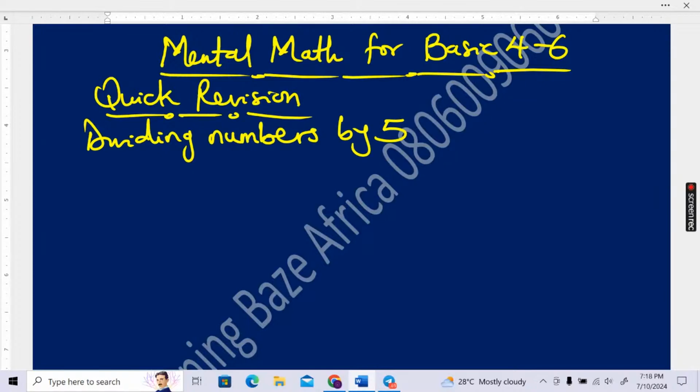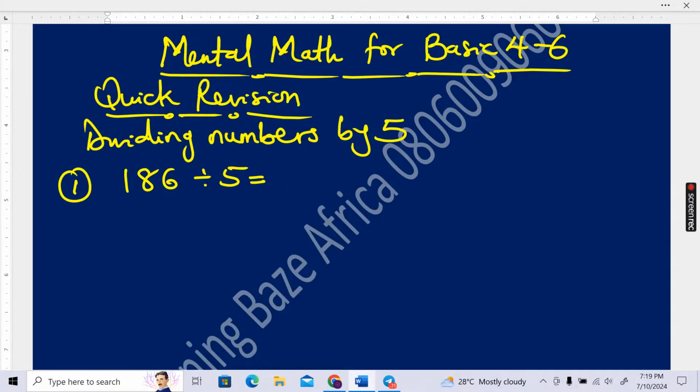You can divide any number by 5, whether the number is small or large. Let's divide 186 by 5. The rule is: double the number, then introduce a decimal point before the last digit on the right.